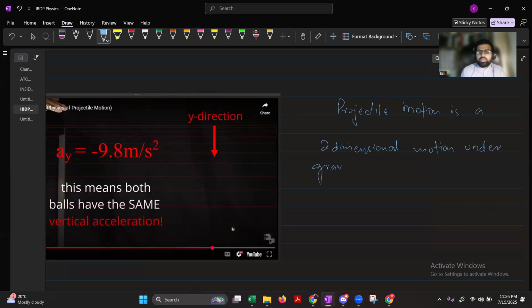When I say two-dimensional motion, this means that the body is covering some distance along the x-axis and also some distance along the y-axis.